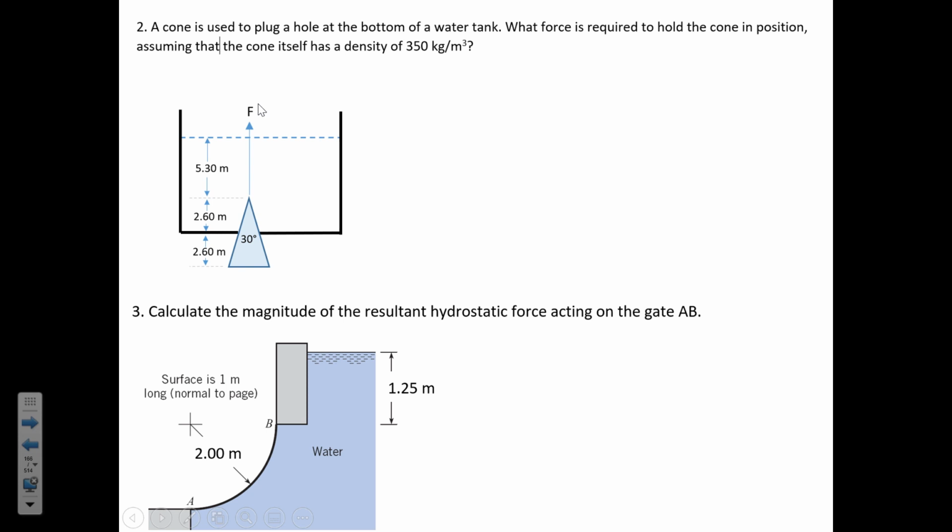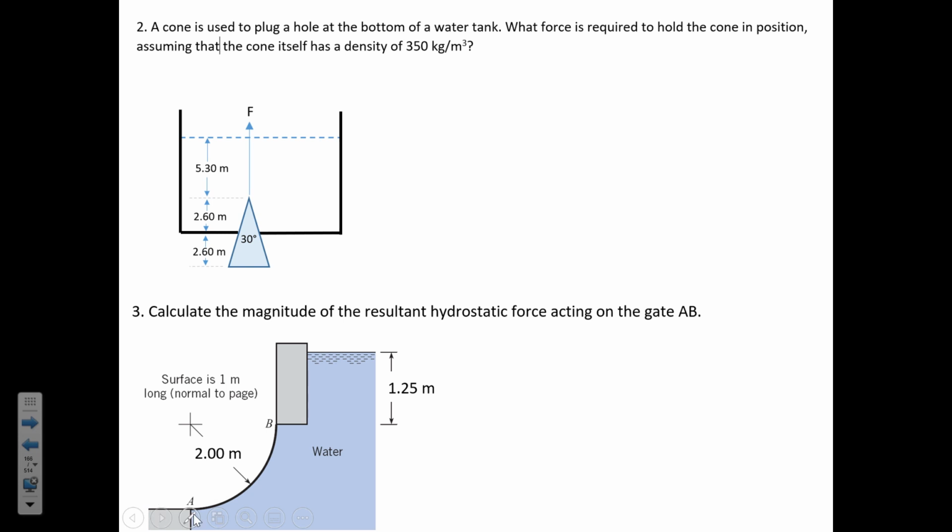The horizontal forces are equivalent to the force that would have acted on a projection of the curved gate. So you need to think about, if a light was shining from the side, what would the vertical projection of that curved gate look like? And that'll tell you the horizontal forces.